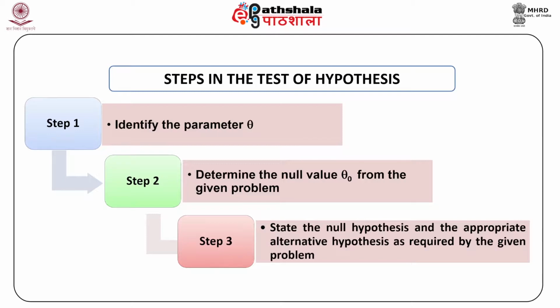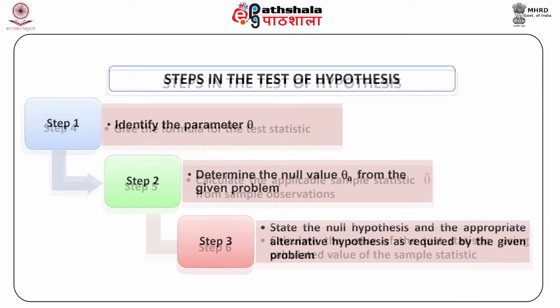The third step is to state the null hypothesis, which means write down H0, where we say theta is equal to theta 0, and the appropriate alternative hypothesis as required by the given problem, which as said earlier could be a one-tail or a two-tail test, and which we know could be H1 where theta is greater than theta 0, or H1 where theta is less than theta 0, or H1 where theta is not equal to theta 0.